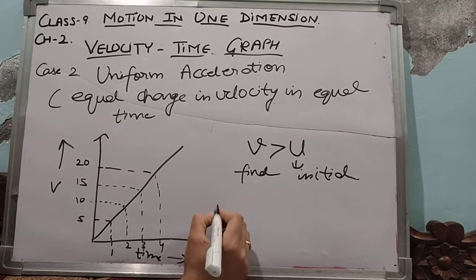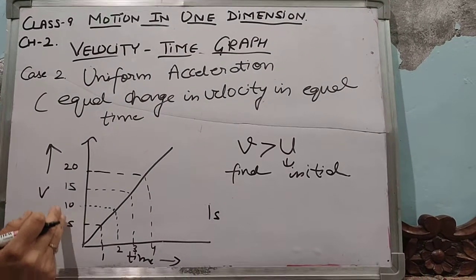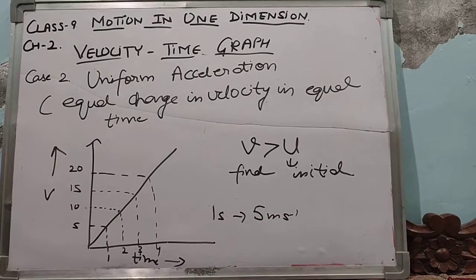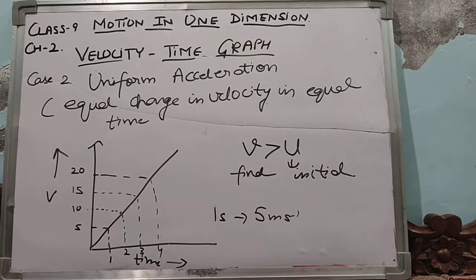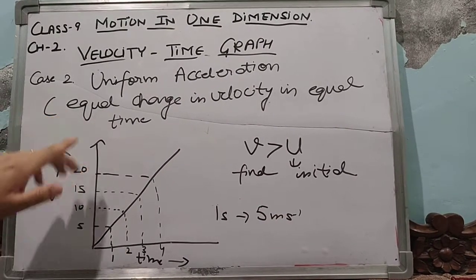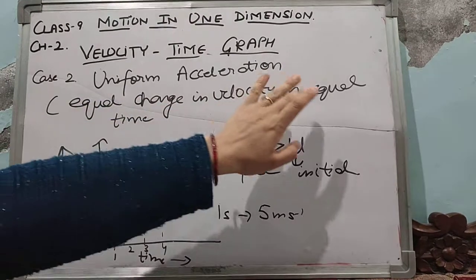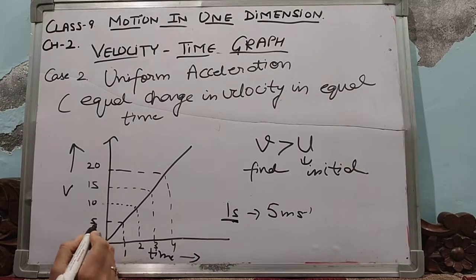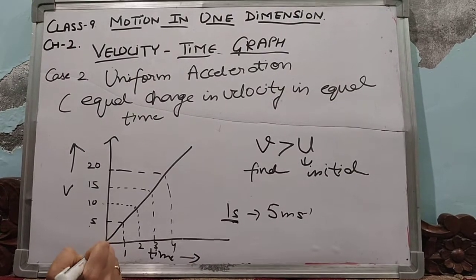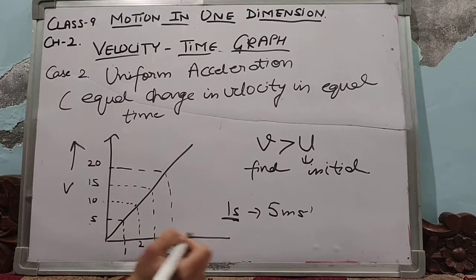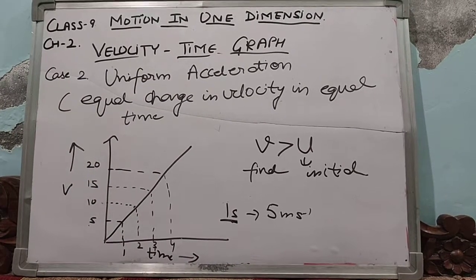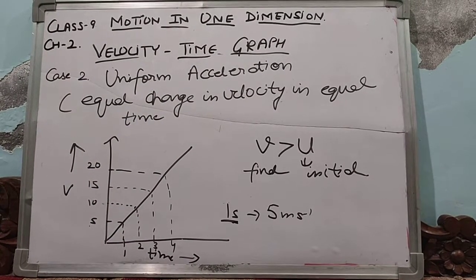So for each 1 second, the increase in velocity is 5 meter per second. So this statement applies that equal change in velocity in equal interval of time. So this is the kind of graph which we obtain when a body is in motion with uniform acceleration.